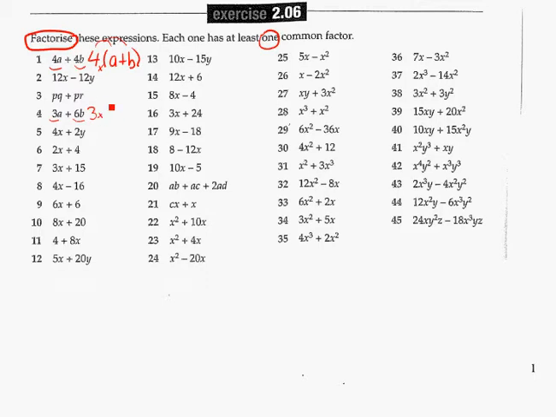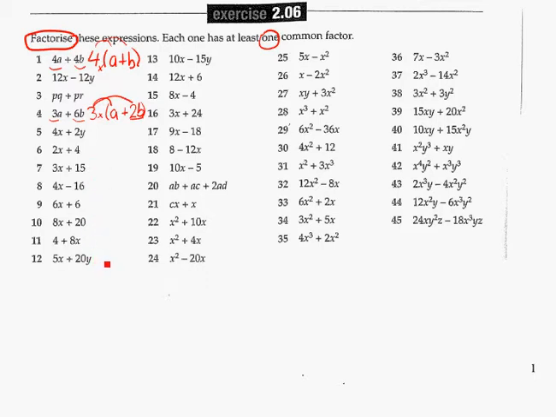So I can write this 3 times, I'd need an a to give me the 3a term, plus, now let's think about 3 times what will give me the 6b. Obviously I'm going to need a b, and to make sure I get the 6 I need 3 times 2. You just check that you agree with that one. You can try some more of these ones.